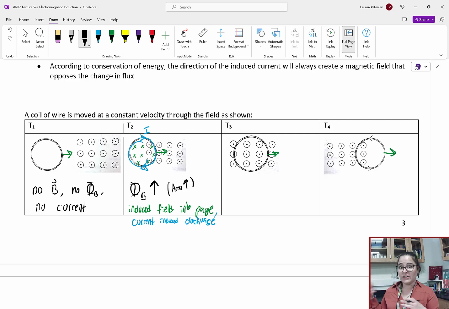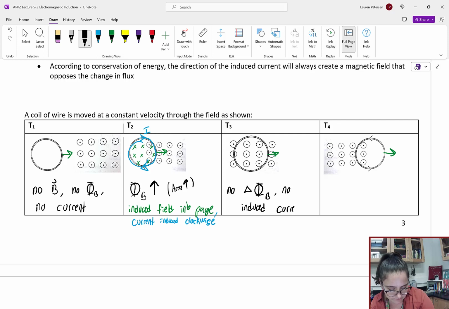Now, if that wire is just moving in a field, okay, there's no change in the flux. So there is no induced current. Okay, where now at T4, that wire is moving out of the page.